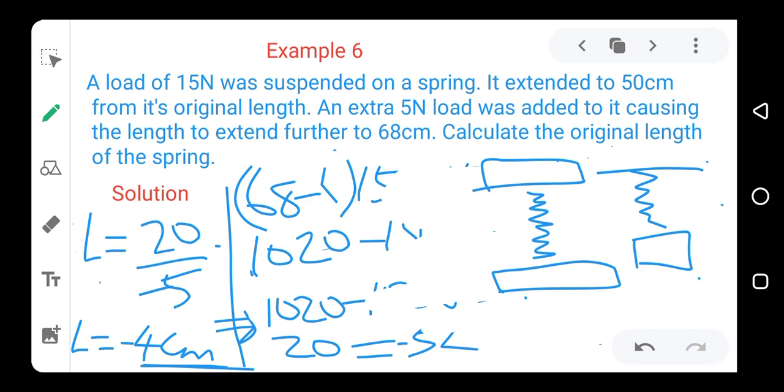So it could be compression or extension or expansion of the spring. So our value is negative 4, which means that the original length of the spring will return back to 4 when the force is removed.